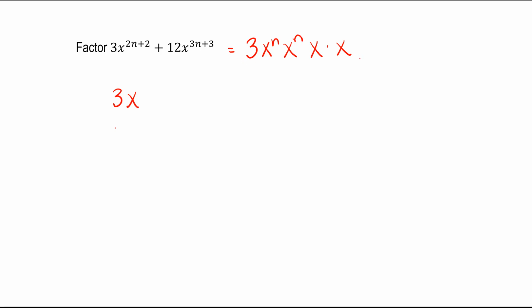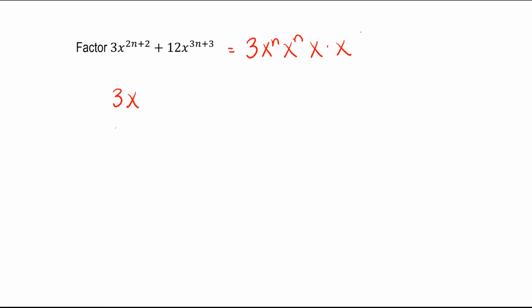So that first term, these are the factors of x that you have there. You've got an x to the n, an x to the n, an x to the 1, and an x to the 1. Because if you add those exponents, you've got n plus n plus 1 plus 1, which is 2n plus 2. So if you can see what I'm doing, I'm just separating out the factors to give us an idea of how we decide what the exponent on x should be with the greatest common factor that we're factoring out.